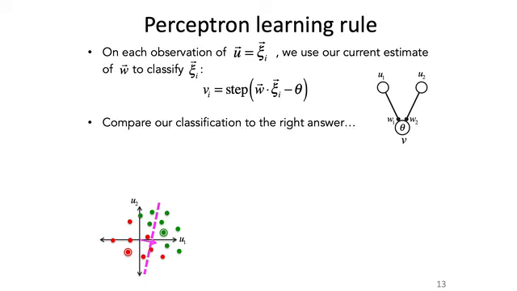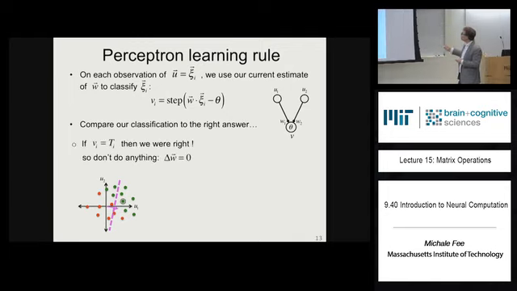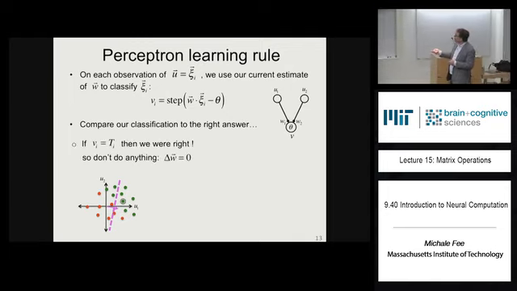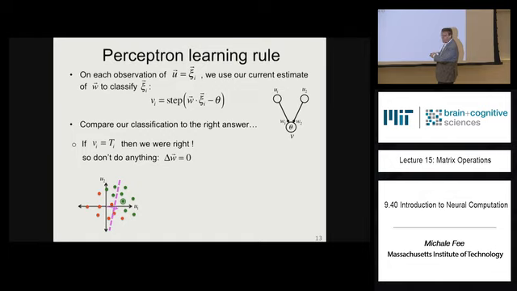Okay? So what we're going to do is put in one of these inputs on each iteration and ask whether the network got the answer right or not. So let's pick that input right there. We're going to put that into our network, and we see that the answer we get from the network is 1 because it's on the positive side of the decision boundary.